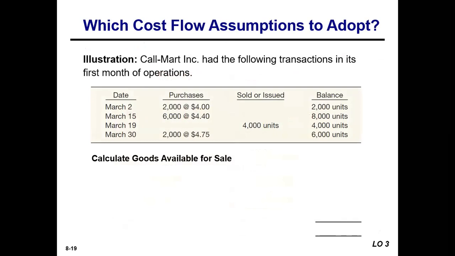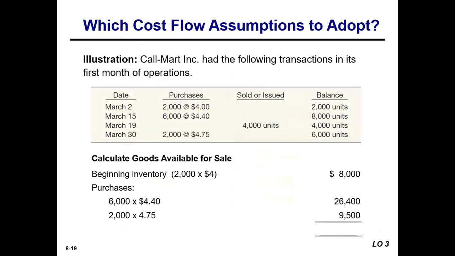All right, so looking at this data, we're going to walk through some of these examples. It says CalMart Inc. had the following transactions in its first month of operations. March 2nd, 2,000 units at $4 each. So 2,000 units times $4 each, that would have cost us $8,000, right?